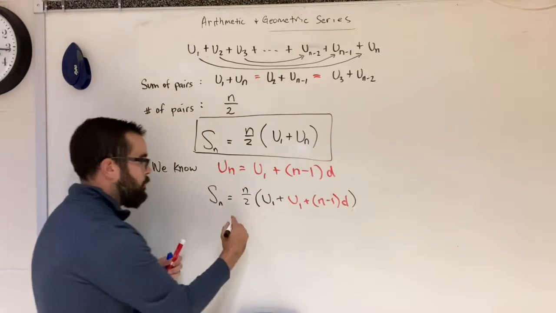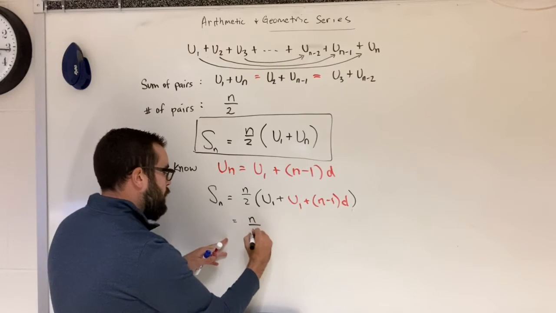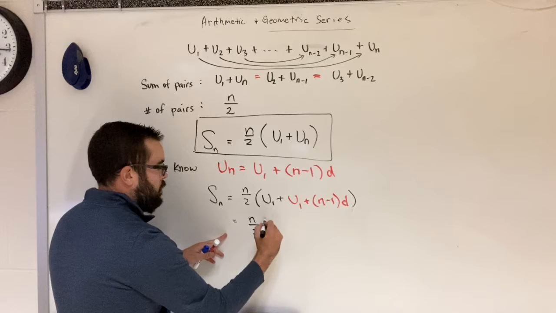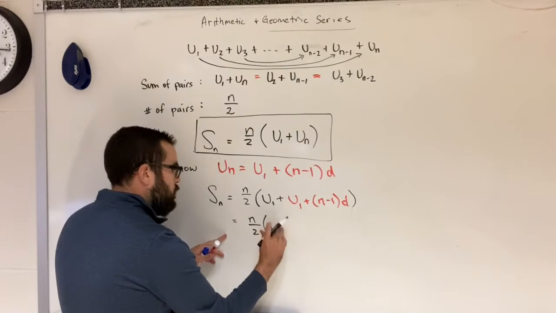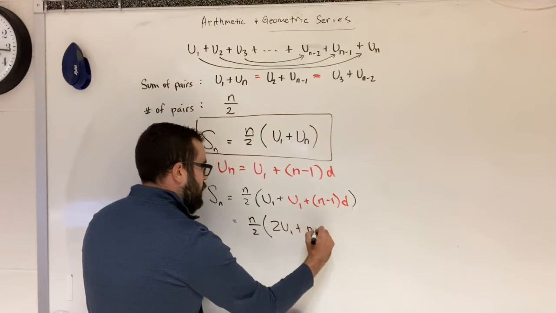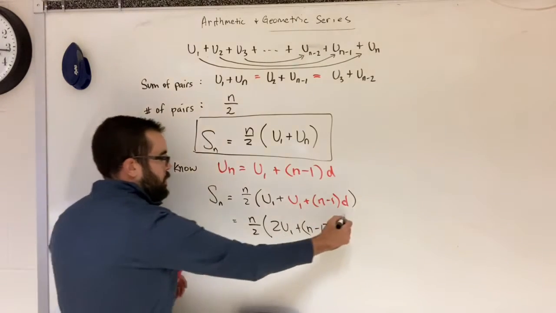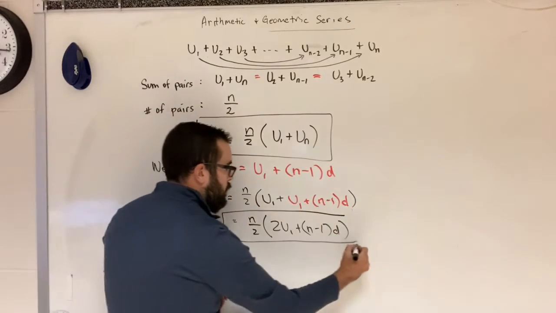Now we can do a little bit of combining like terms. These are like terms, so I get n over 2 times 2 u sub 1s plus n minus 1 times d. And this is our second formula.